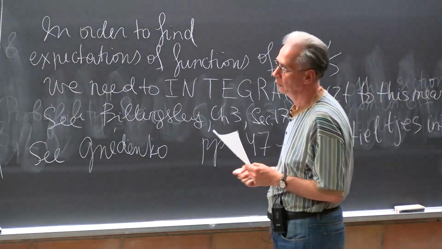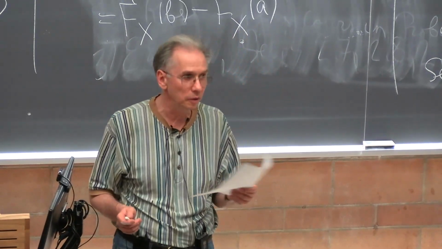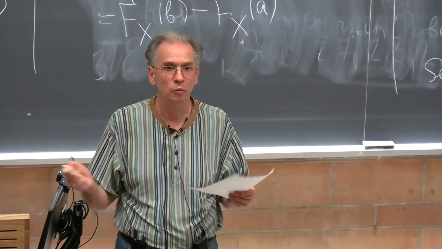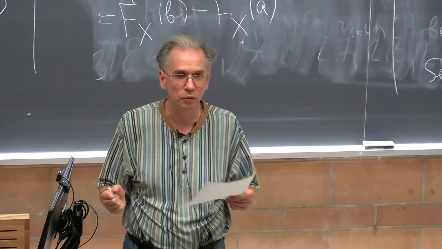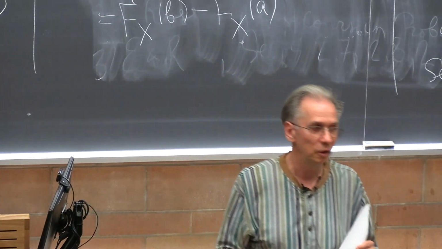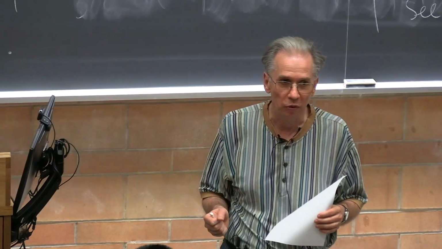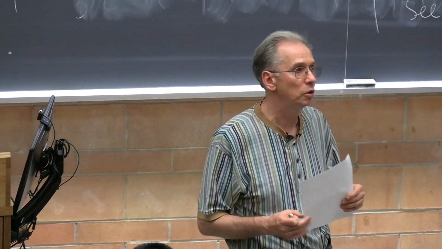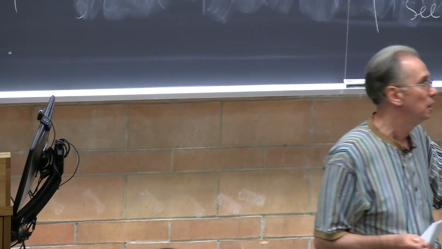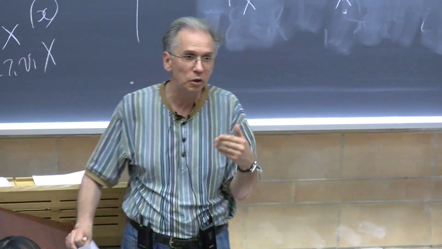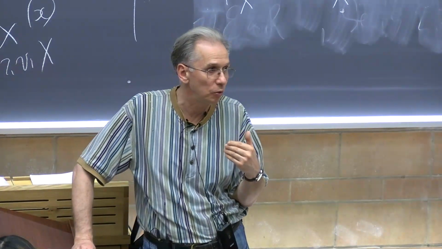Okay. So in Billingsley's book, it's more formal and condensed. Gnedenko's is more watered down, so it's easier to read from Gnedenko's book. But what it does is it provides a unified approach to find expectations of discrete, absolutely continuous, and general random variables, okay?